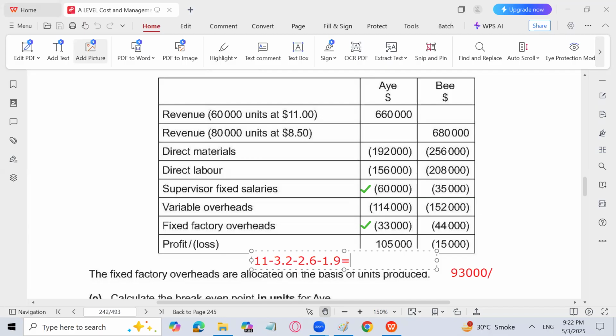Now we can calculate the contribution per unit. 11 minus 3.2 minus 2.6 minus 1.9. So that is going to be 3.3.